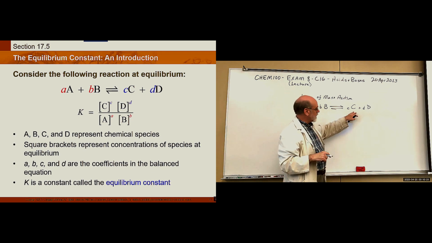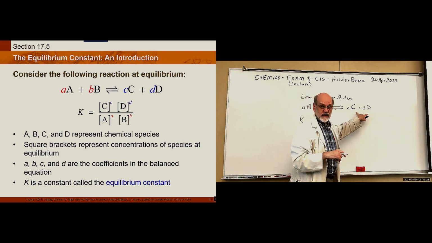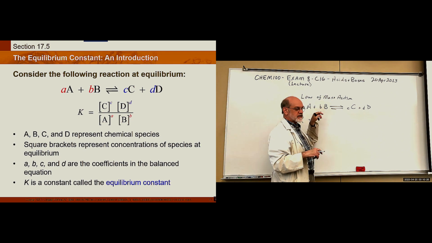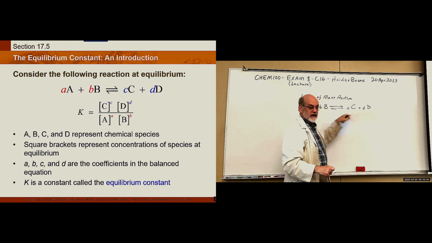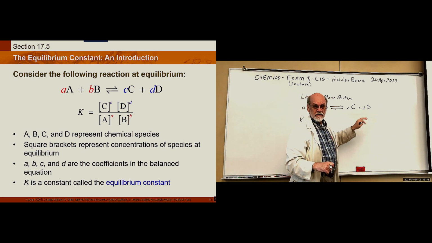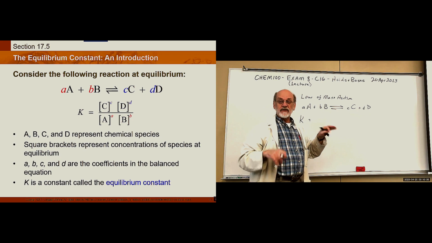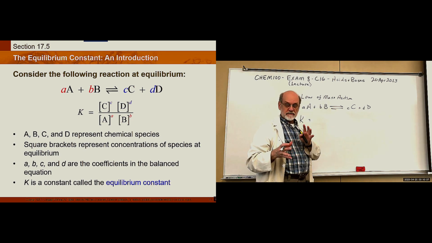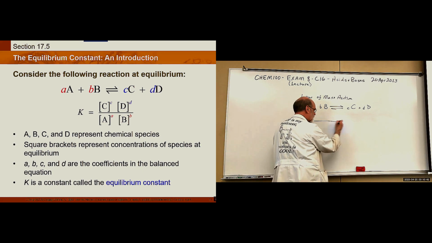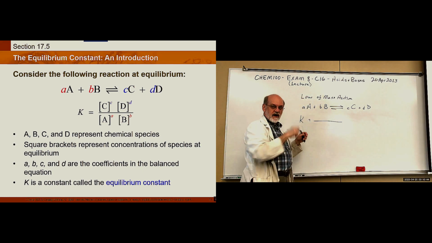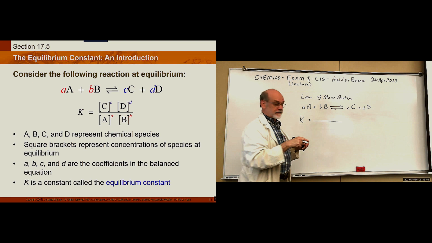It doesn't matter what concentration. You could get a high concentration here and a low concentration here, or you could have an even lower one here and not so high here, or you could have a high here and a low there. Those values can be different for every situation. But when we put them into this expression, they will be equal to a constant value.